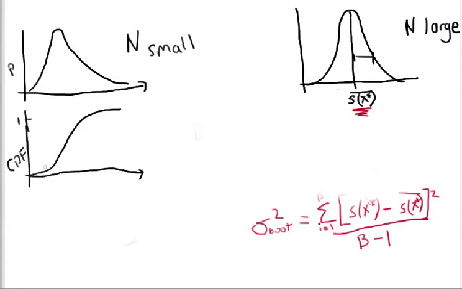which might look something like this, where it goes up to 1 here. And from that you can say, if you want to know the let's say 90% confidence interval, you could find the values where 5% are greater than this value and 5% are down there, and then 5% are up here.